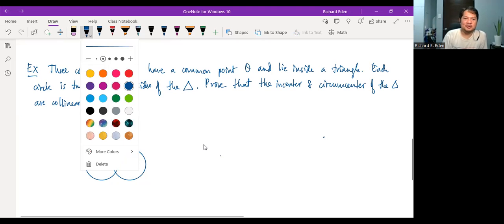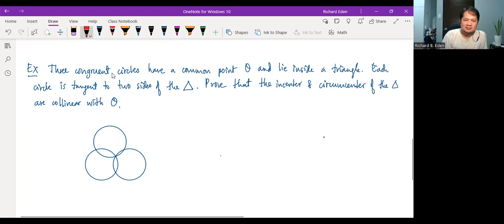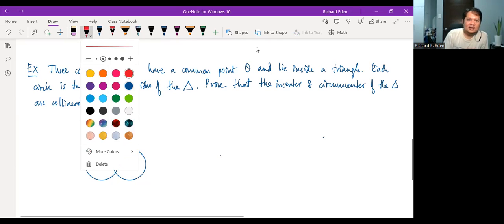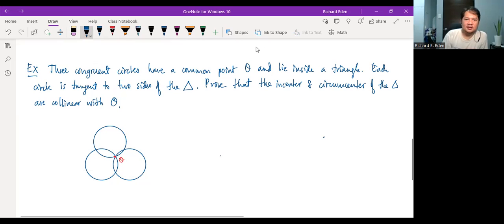So this would be O. And then each circle is tangent to two sides of the triangle, so this would be one side.